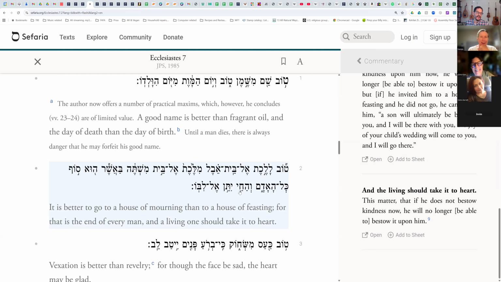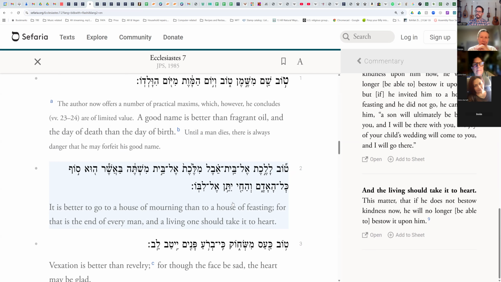True. And also we've read in other parts of this very book that you're supposed to enjoy life. So there's that too. I think it's a balance thing. But this statement is really true because when we go to a Shiva house, it's something so deep, that the house of revelry is so surface.